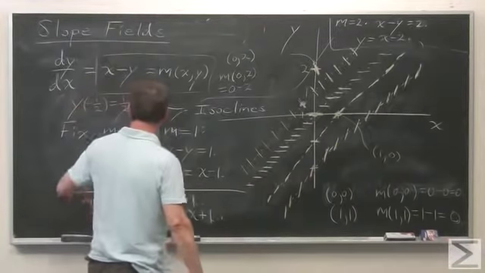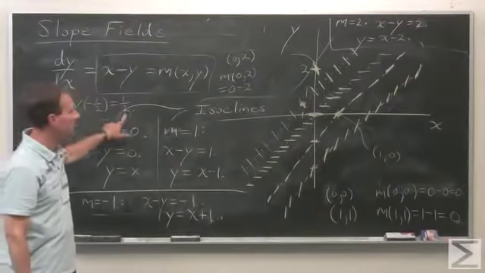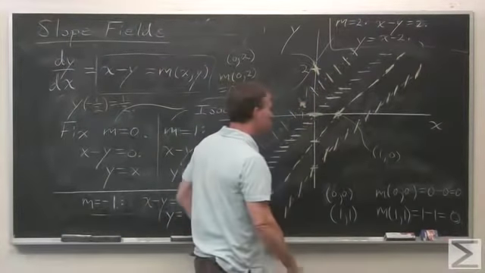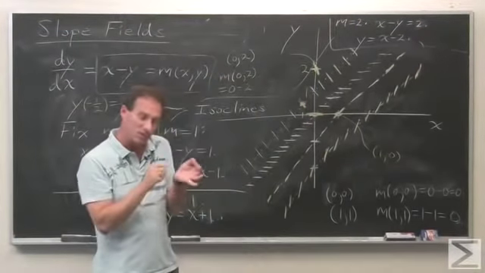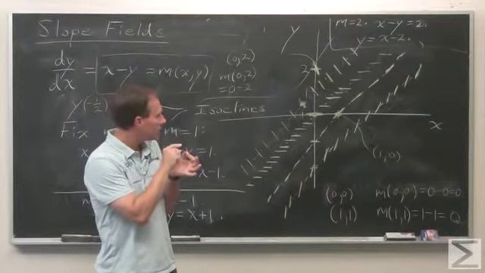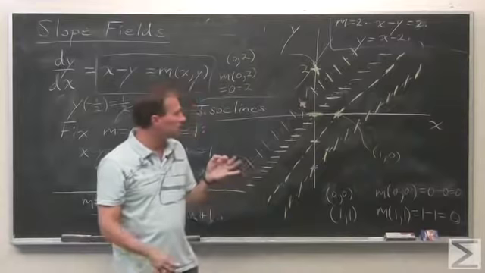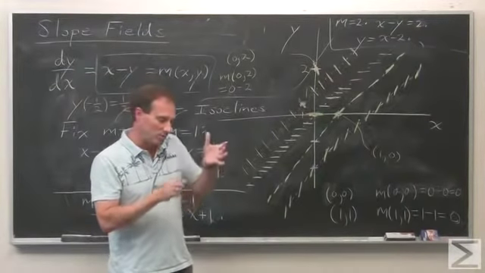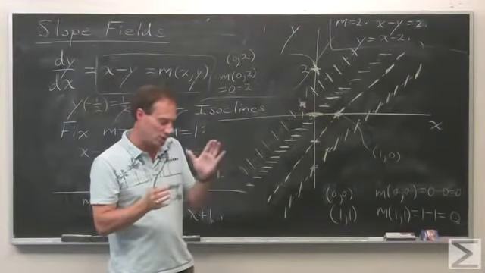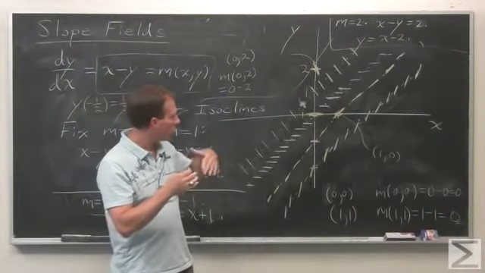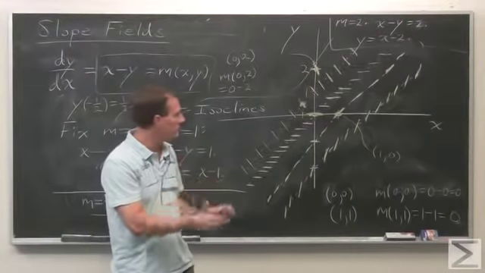So your solution is supposed to pass through x is minus a half, y is a half, which to me looks like it's about here. Then you start drawing a solution curve there. As I said, you try to draw a curve so that every time it hits one of these line segments, that line segment's tangent to it. Even in between line segments, you try to draw a curve so that the tangents are kind of an average of the tangents you see nearby.